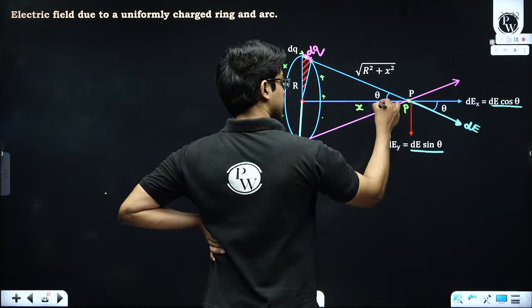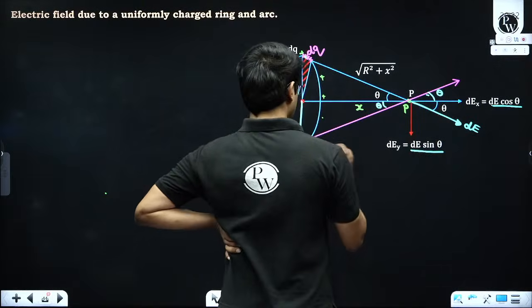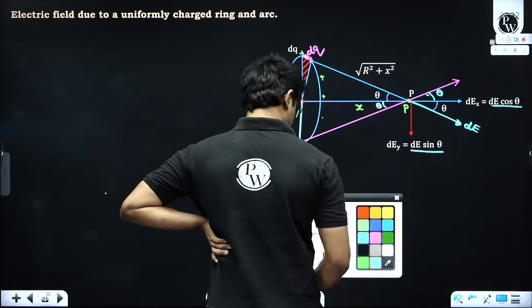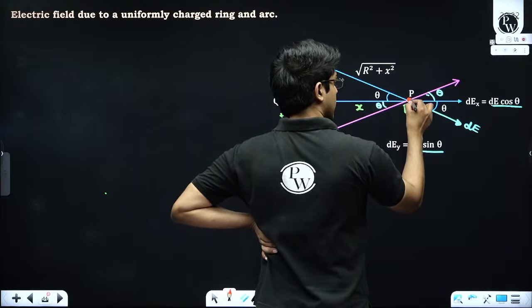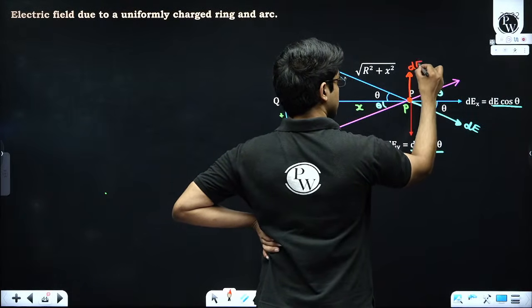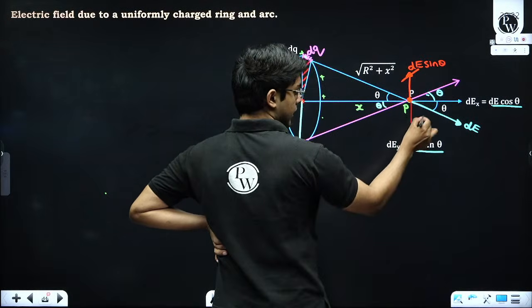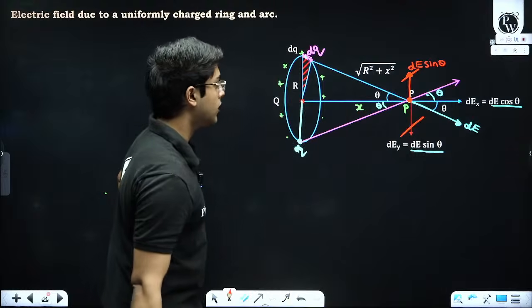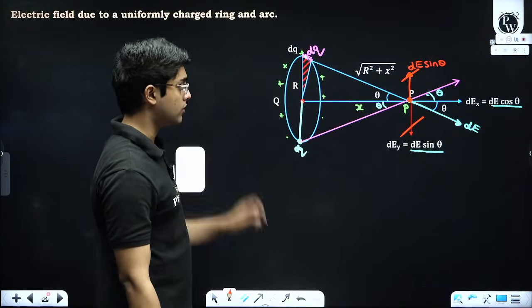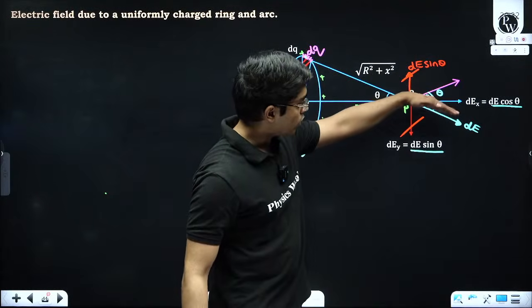Similarly, if this angle is theta, this will also be theta. And even for this dq, this component will be dE sin theta. So as you can see, these dE sin theta components cancel out. If you take two dq's together, the dE sin theta cancel out and only the dE cos theta gets added up.